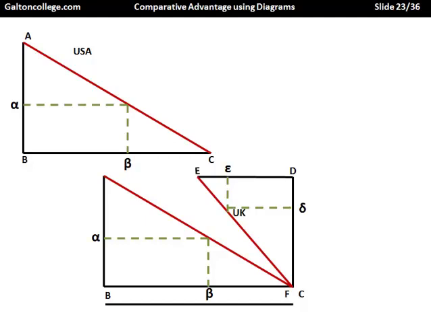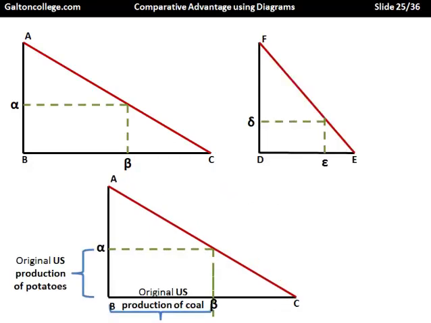So now we've got potato production here in America and potato production over here. Sorry, I've rotated it back. That's better. And potato production here. Now you can see what the UK actually produces, and we can see what the Americans produce. So that's the UK and the US. Now go back to the diagram we had earlier.